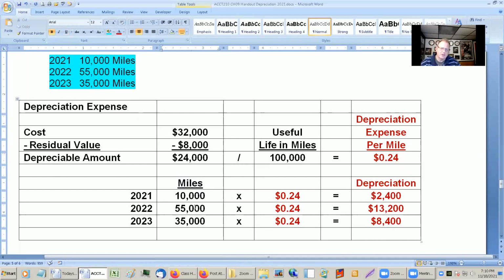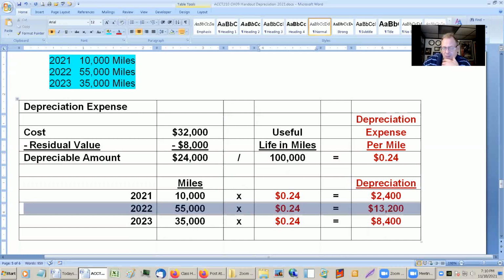First year was only 10,000. Second year, 55,000. So you use a lot. Third year, 35. Cut back a little bit. So it would make sense to actually use this method because you're using it a lot more in some years than in others. And notice that in this year, you probably also made a lot more revenue on this thing, because you put a lot more miles on it.